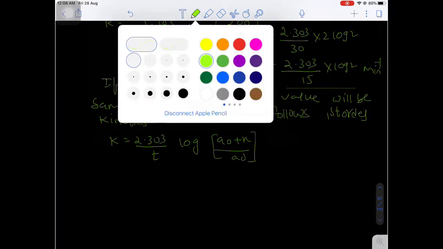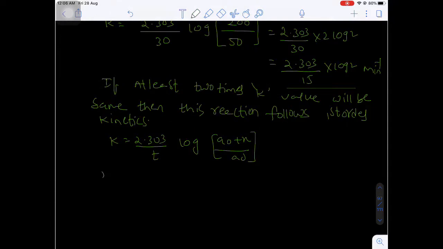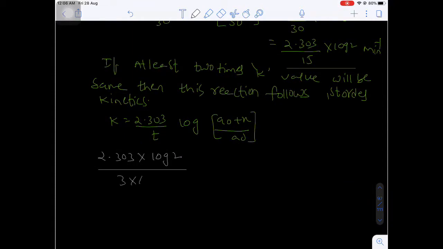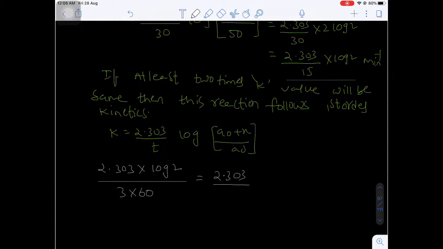Now here, what is the k value in the above information? k value is 2.303 into log 2 divided by 15.